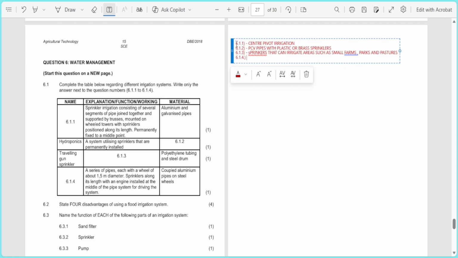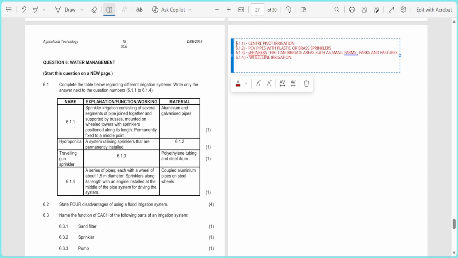What is this? Okay, these are wheel line irrigation.